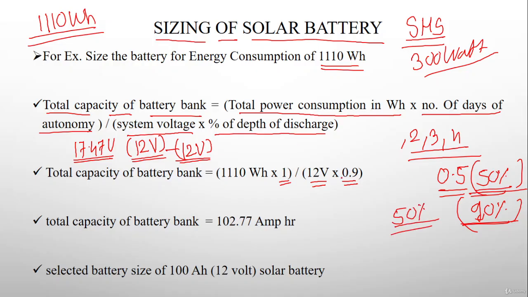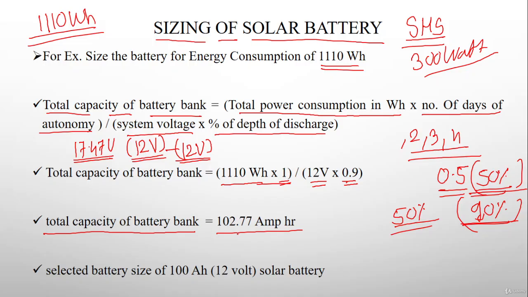In this case, we are taking 90% depth of discharge, and now we can do the calculation. 1110 watt hour into 1 day of autonomy, divided by the 12 volt system voltage multiplied by 90% depth of discharge. We get the answer: the total capacity of the battery bank will be 102.77 ampere hour, as far as the consumption of the consumer is concerned.